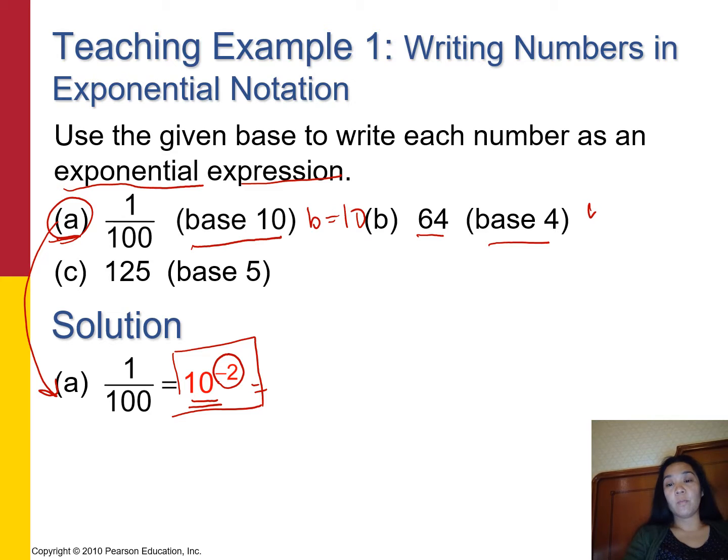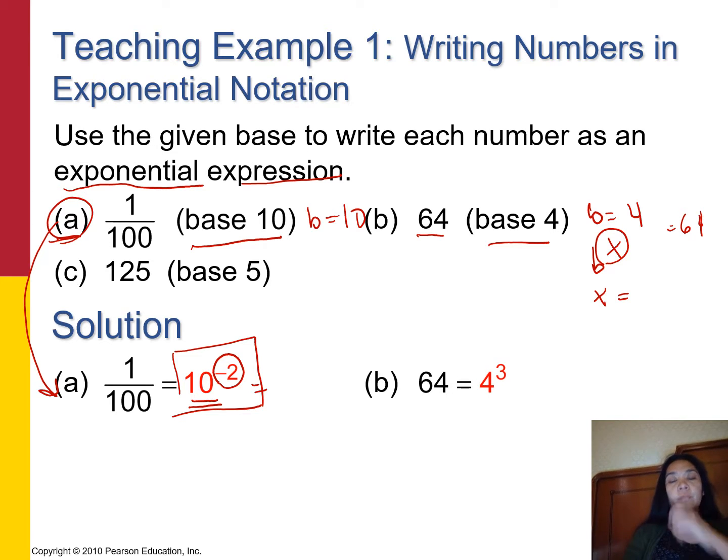So again, your b is going to be 4, and you need to find what x is. Okay, so 4 to the what power is going to give us 64? And so you can see here 4 to the third power gives us 64. And that is 4 times 4 times 4.